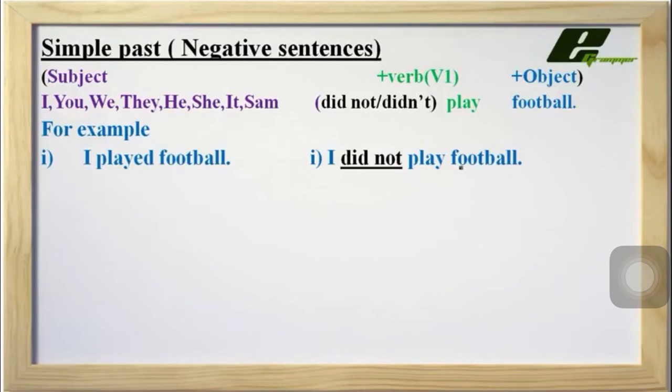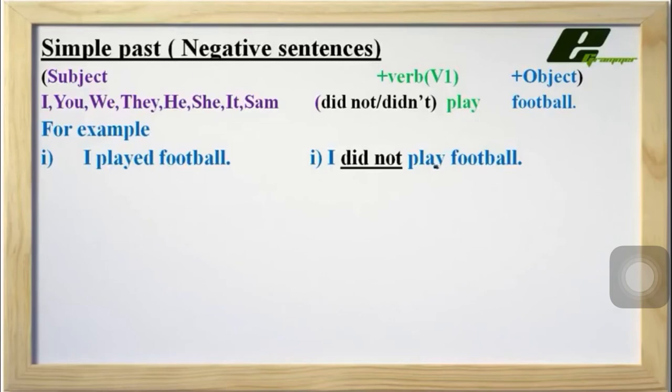So what have I done here? I wrote this sentence as it is, but I made a small change in that. I add did not exactly after the subject and I use the base form of the verb. So instead of played, I use play, and that sentence becomes negative in simple past. You have to keep this in mind.